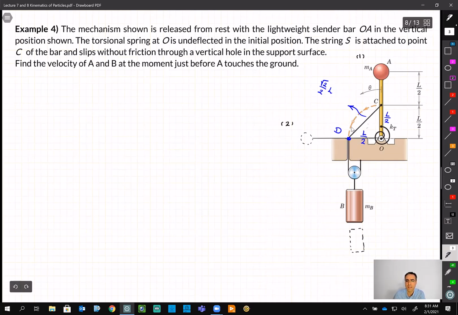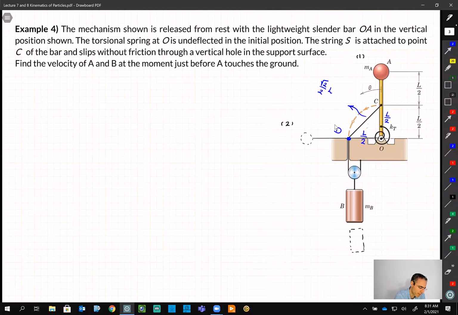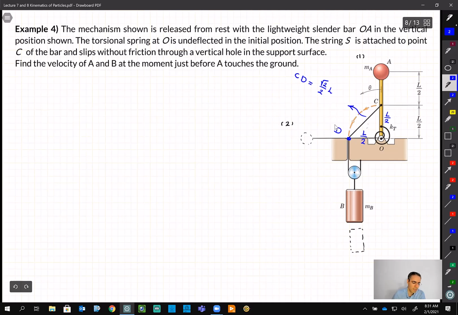So this length CD, from this triangle, is going to be the square root of 2L divided by 2, which is this guy. Up to this point, we have this information.